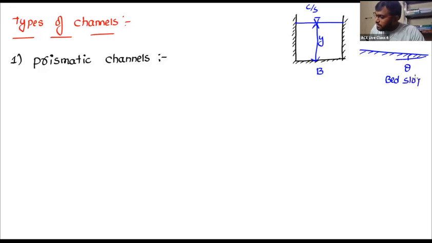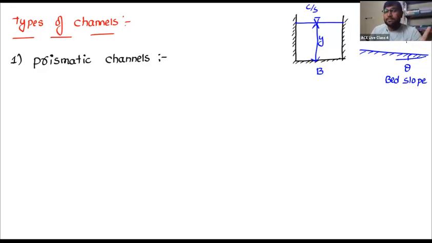Now, for any channel you take, it has some shape. Yes or no? The shape is going to be rectangle, and it has some size. What is that size? Width. And it has some bed slope. Now, when do we call it a prismatic channel, sir?